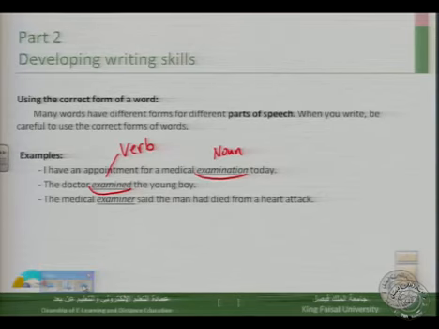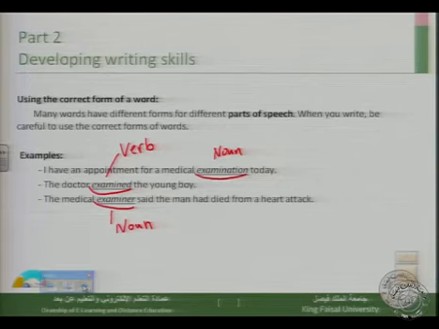The third example, the medical examiner said the man has died from a heart attack. The underlined word is examiner. Examiner is a noun here. It is a noun and it is used for persons. An examiner is a person who examines. And here we have the medical examiner.